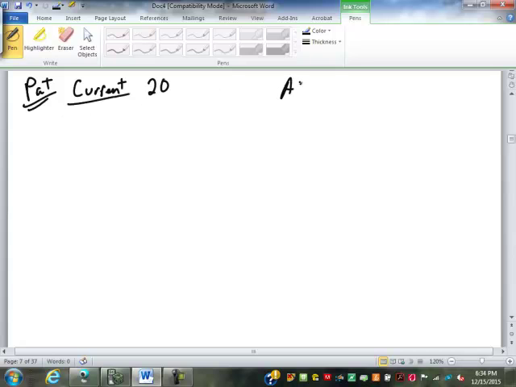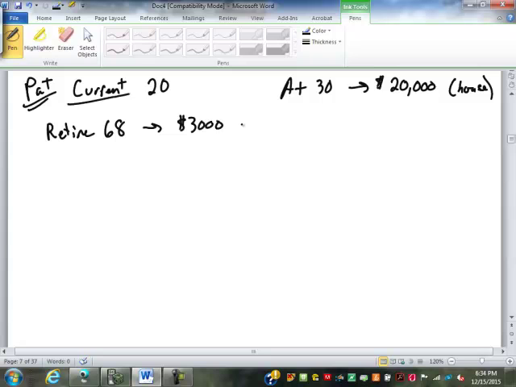At 30, wants to make a $20,000 down payment for a house. Wants to retire at 68 with $3,000 per month until he reaches 93 years of age.